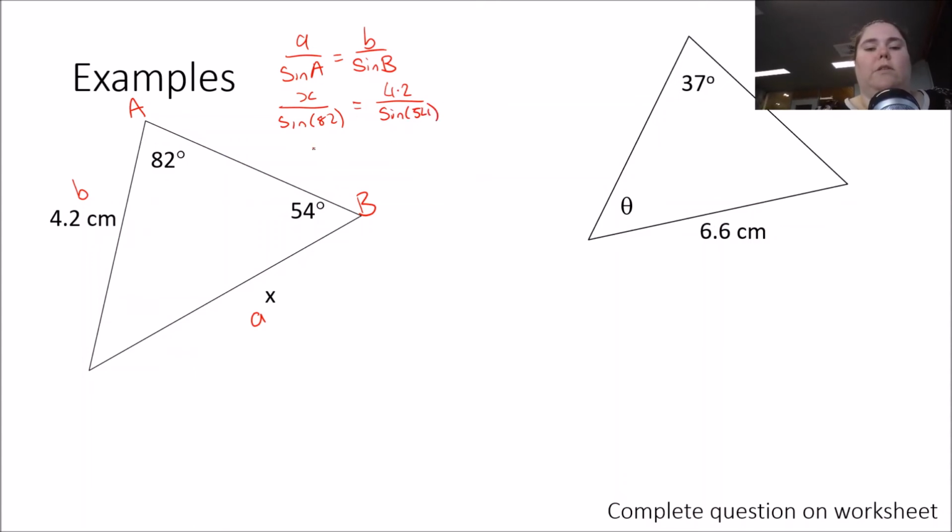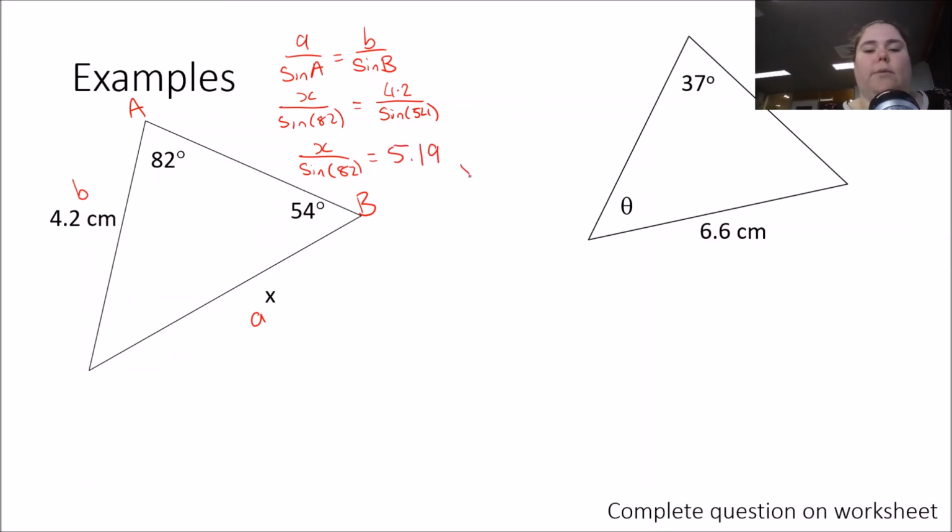Once again, I suggest finding that number on your right hand side so that you have less to deal with. So we get 5.19.